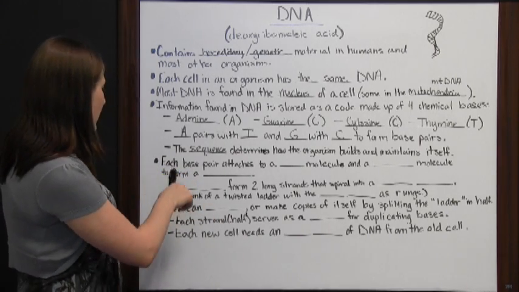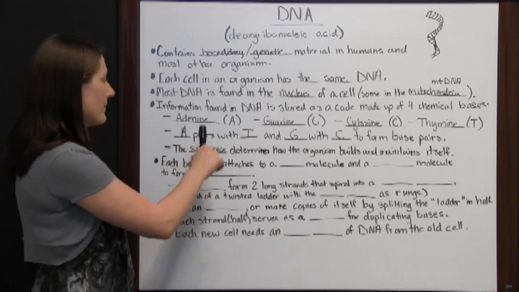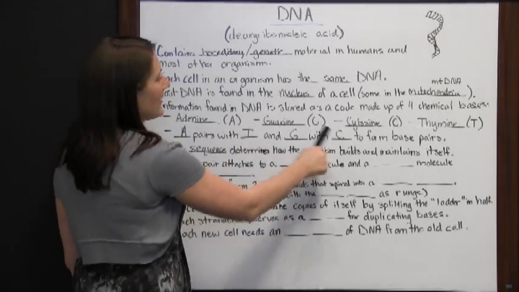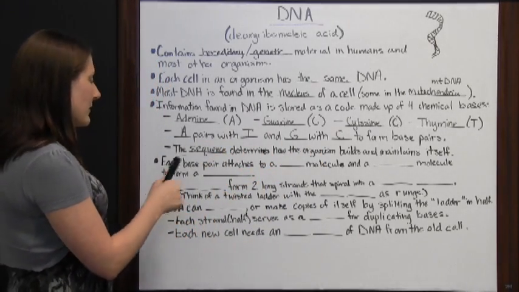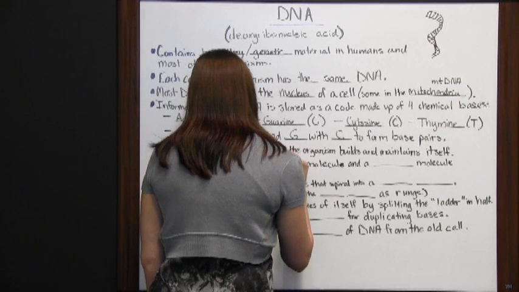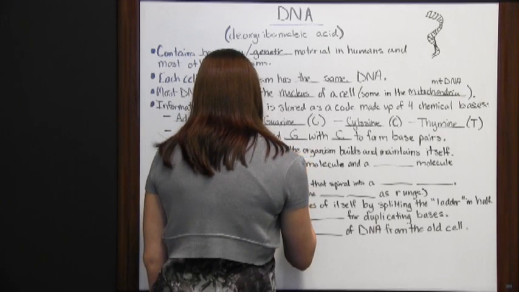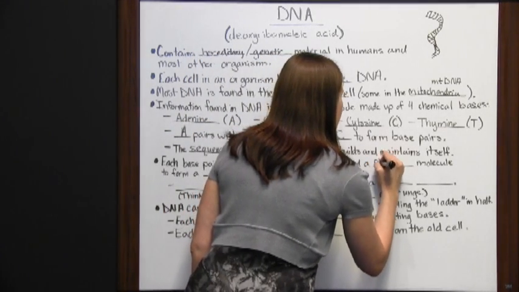Let's look at the next part. Each base pair, so our adenine-thymine pair or guanine-cytosine pair, is going to attach to a sugar molecule and to a phosphate molecule.